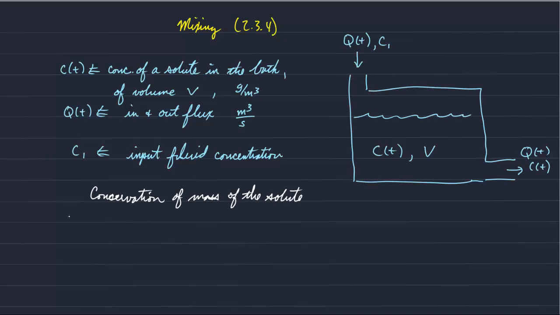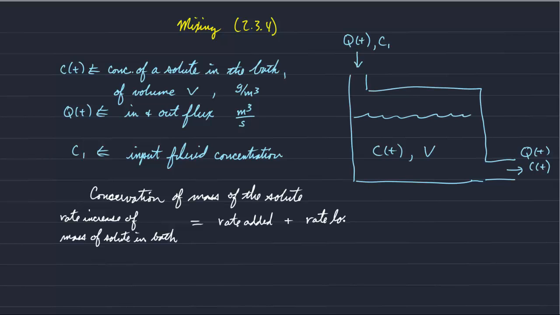So that is to say that the rate increase of the mass of the solute in the bath is equal to the rate of mass added to the system through our input valve, plus the rate lost through the output valve.